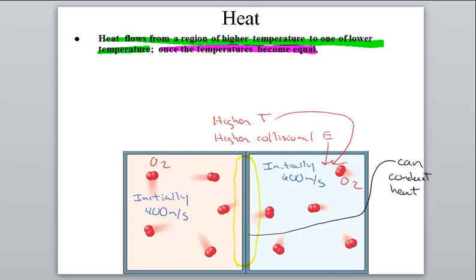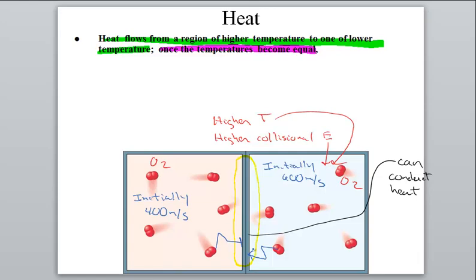When you have these molecules moving around on both sides and colliding, it's happening in both directions. When those oxygen molecules collide with that surface wall, what can happen? Like any collision, there can be a transfer of kinetic energy.